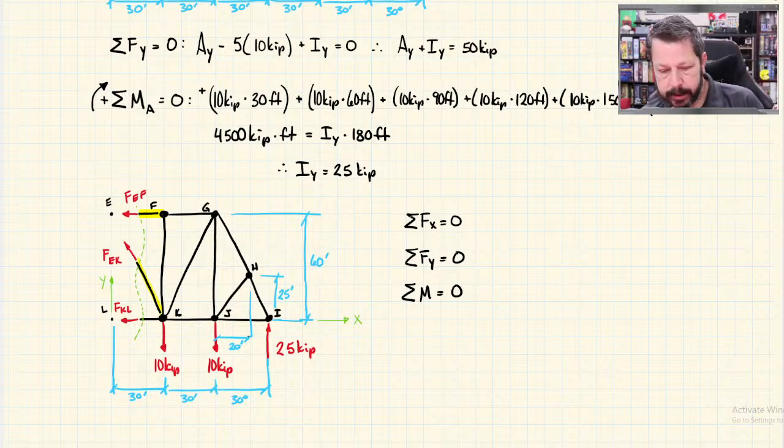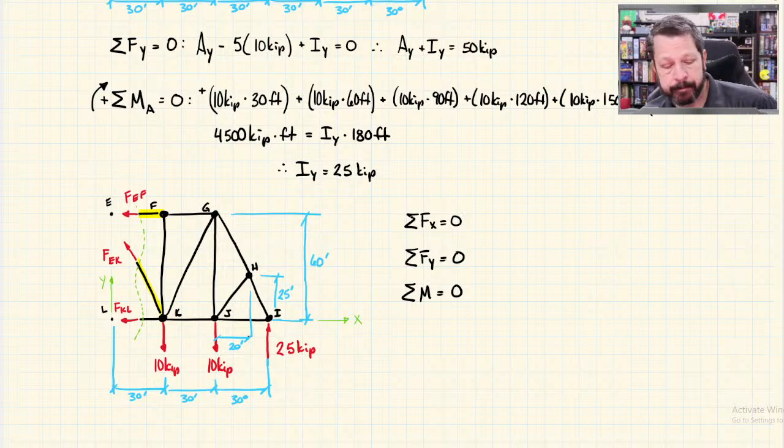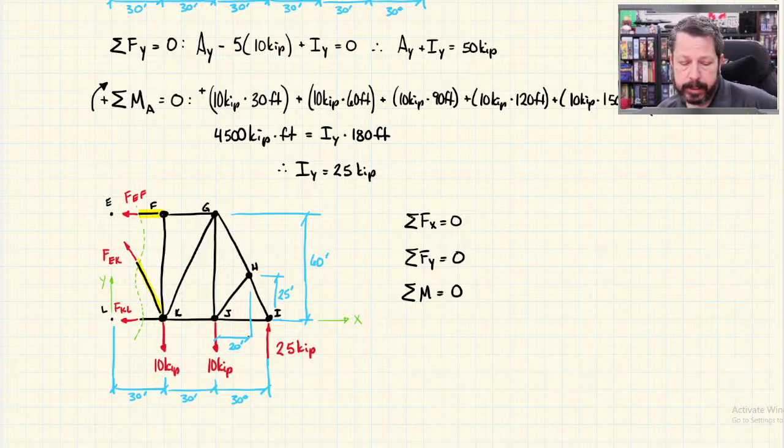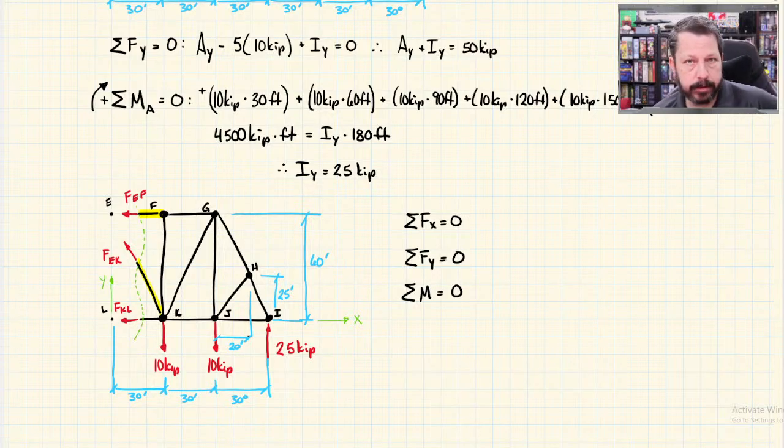Usually when you're doing method of sections, you only want to know one or two things, and you don't want to have to solve for everything. In our case, we want to know the force in EF and the force in EK. So it usually pays off to spend maybe 30 seconds thinking about which combination of these equations I should use to solve for what I want to know.